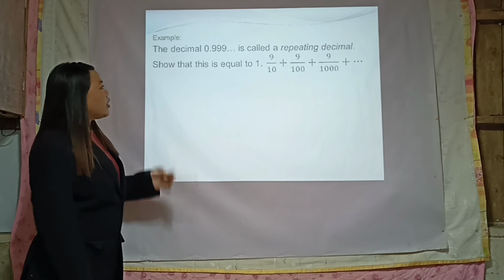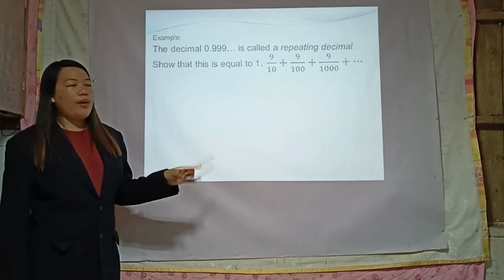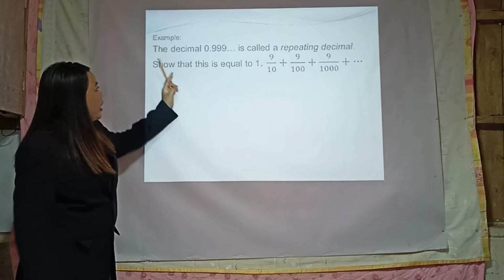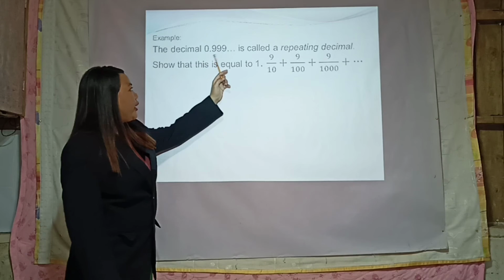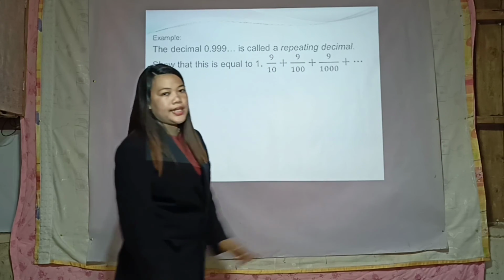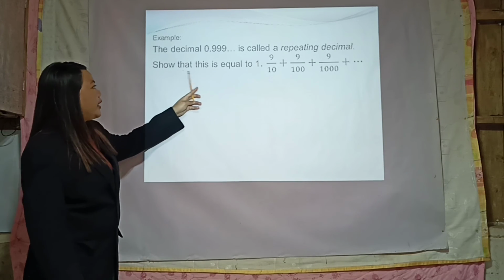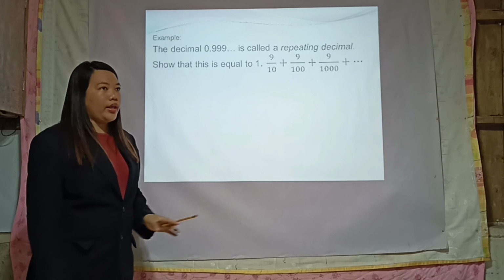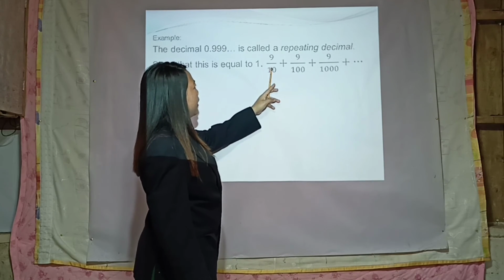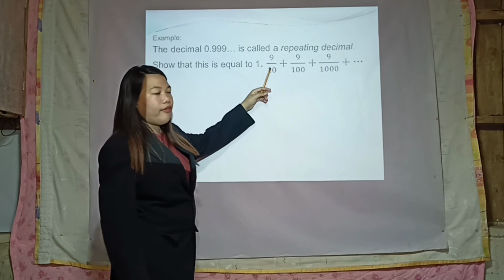So now let's proceed to the example of a real life problem of the infinite geometric series. So the decimal 0.999 and so on is called a repeating decimal. So show that this is equal to 1. So first we write it into a fraction.